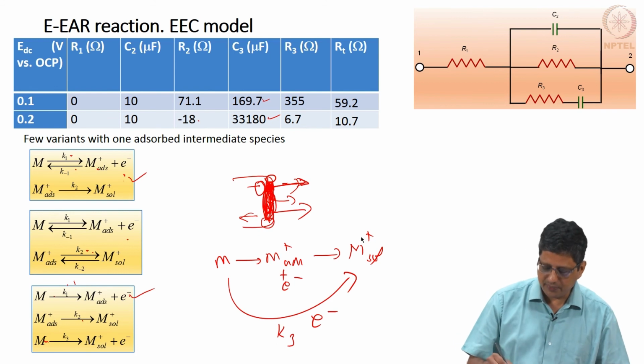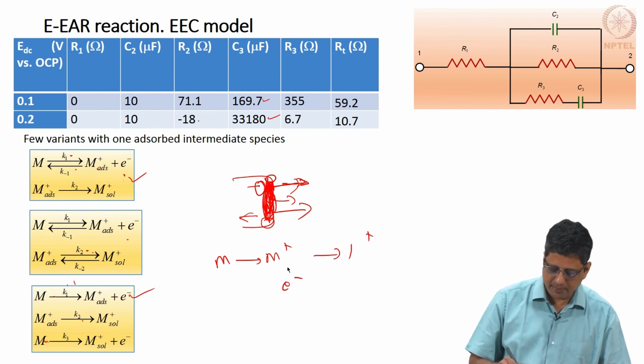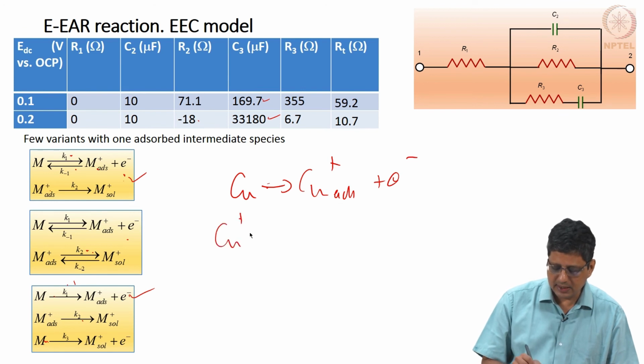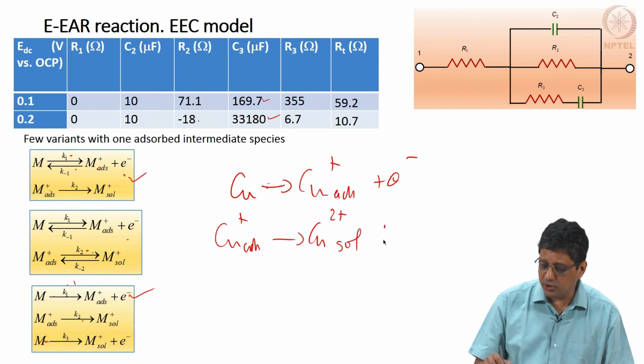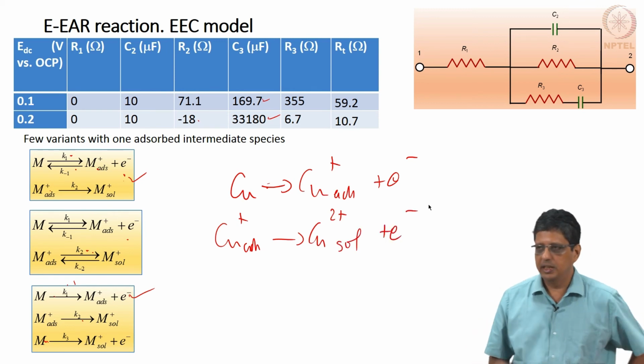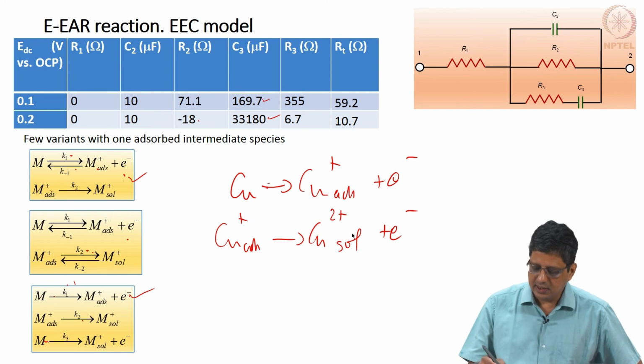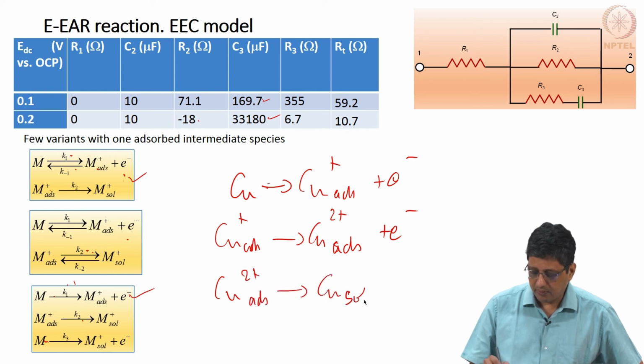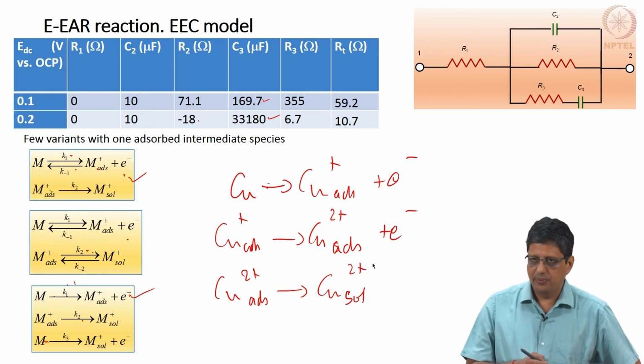So, I can propose a mechanism like this, copper becoming copper plus electron. Okay. This is adsorbed, copper plus becoming copper 2 plus, I can say it goes into solution. If this explains, done, but if I see it on the surface, I should say maybe this is what I should do.